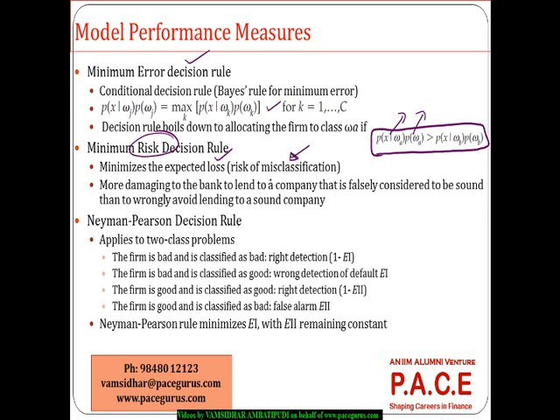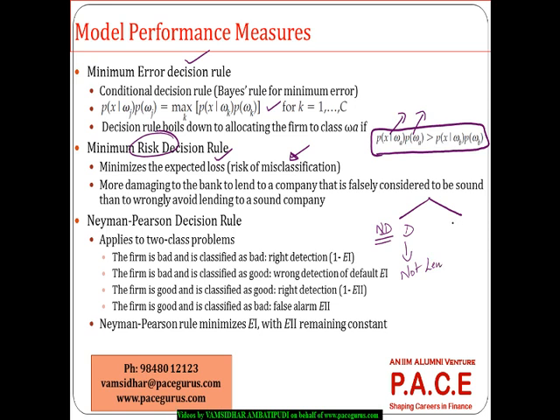I don't want to do wrong classification, because from the bank's perspective, look at the two kinds of risks. A person who may not default, your model classifies as a default, so you are not lending to that person. Fair enough.